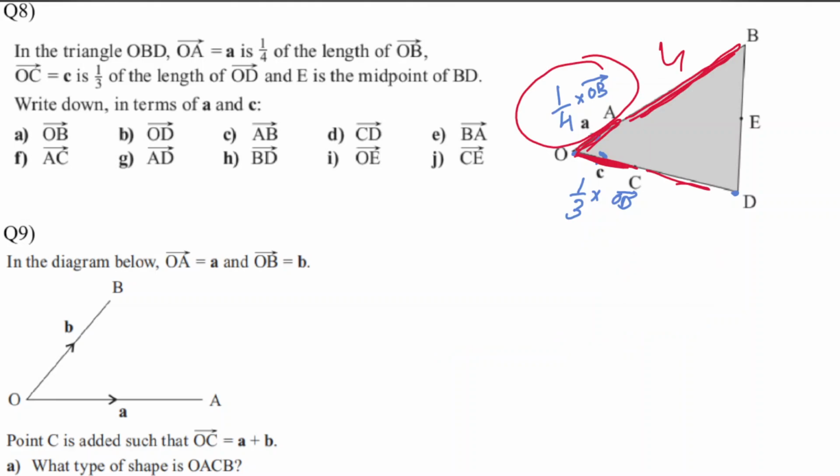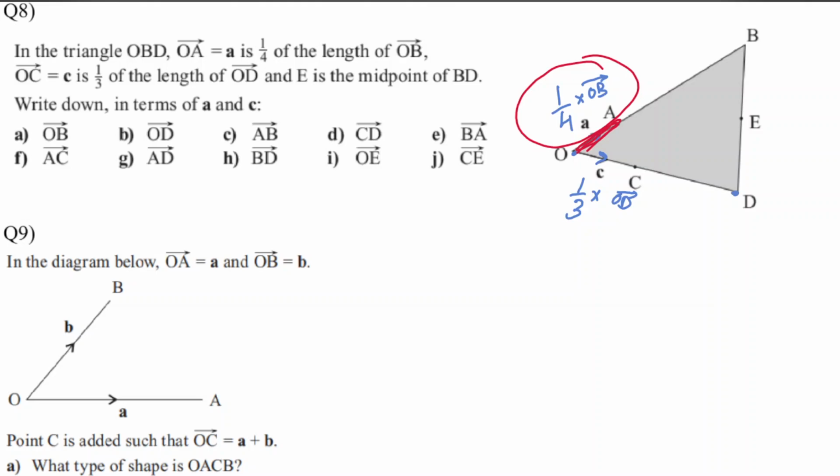So let us come back to the question. OA is 1 by 4 of OB. They are asking what is OB. OA is equal to A, and that is 1 by 4th of OB.